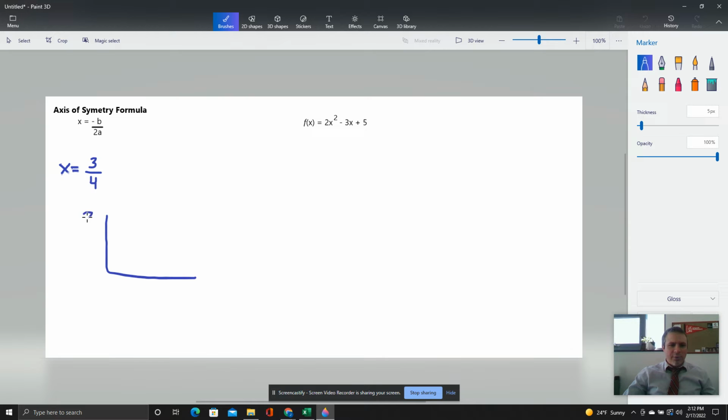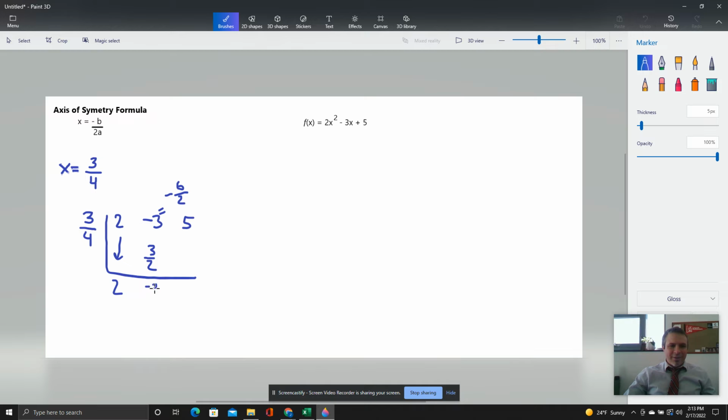So to do that, I'm going to use the remainder theorem from Unit 2. Going to write all my coefficients. Going to drop it down. I'm going to multiply. I'm going to make a common denominator.